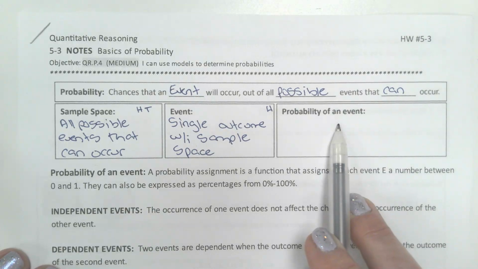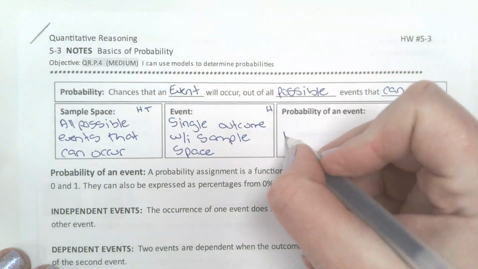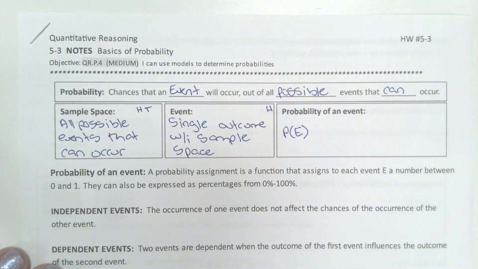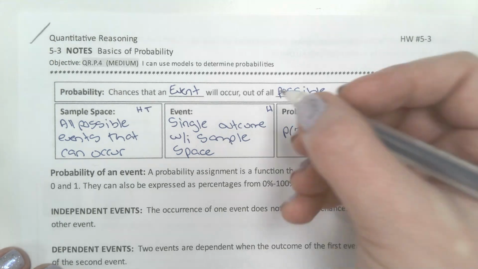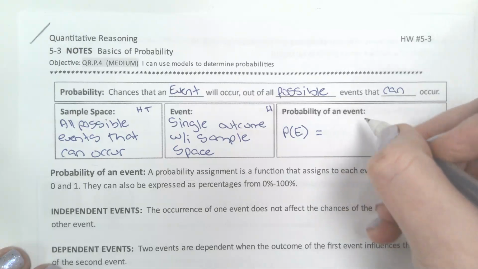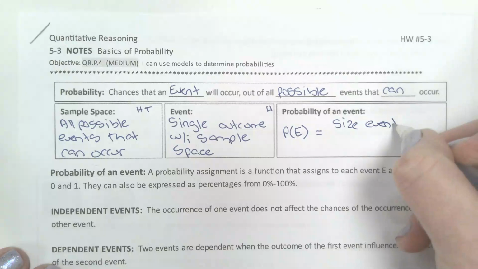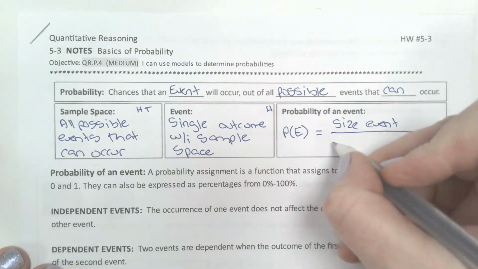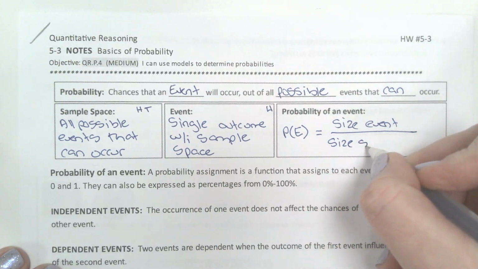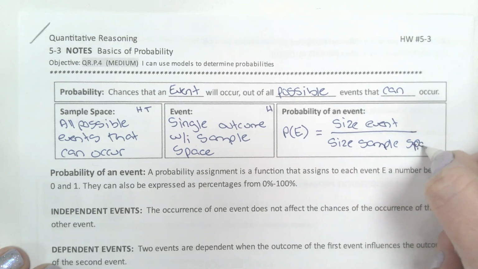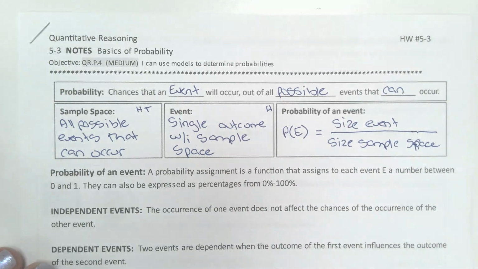The probability of an event we write as P and then parentheses E, kind of like a function. The probability of an event happening is the size of the event divided by the size of the sample space.